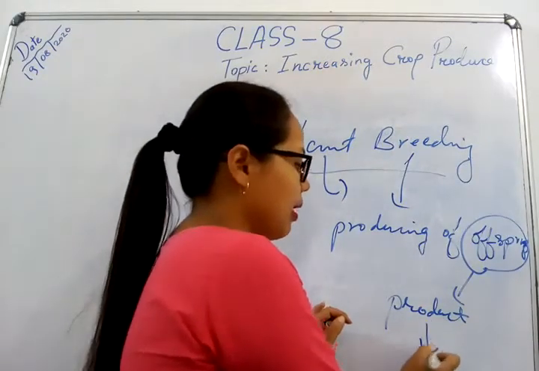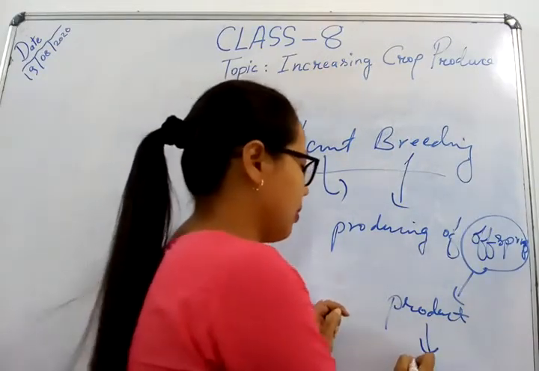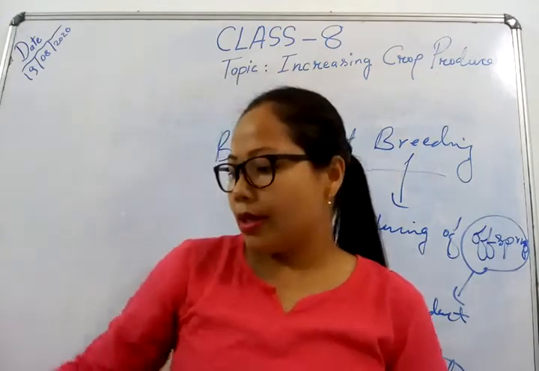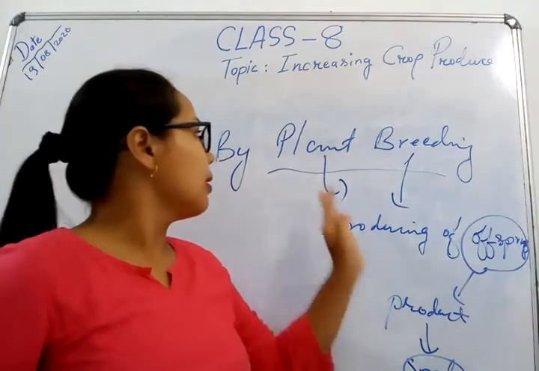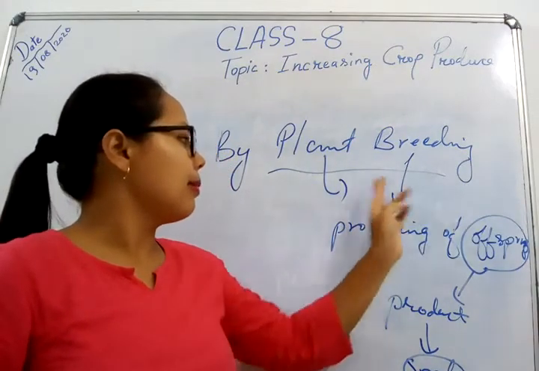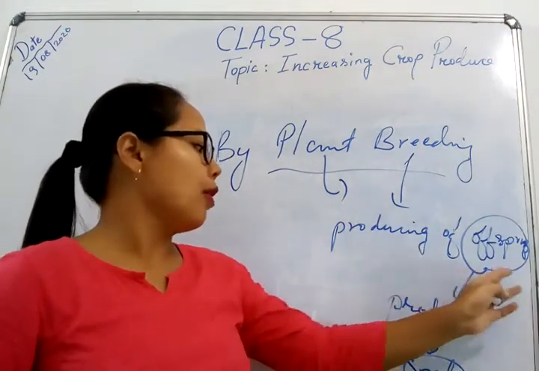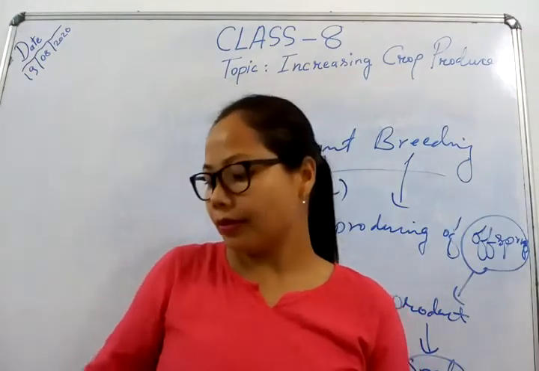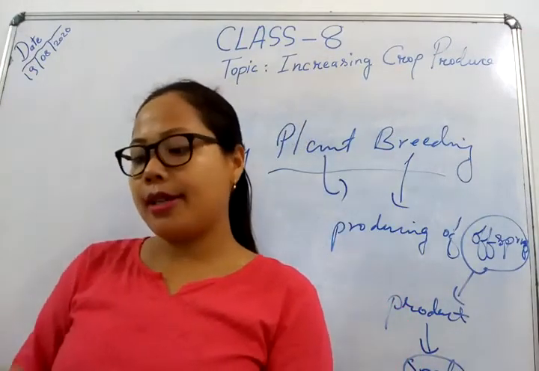For plants, let me say the seed is the offspring. So by plant breeding, producing offspring, we get the varieties.